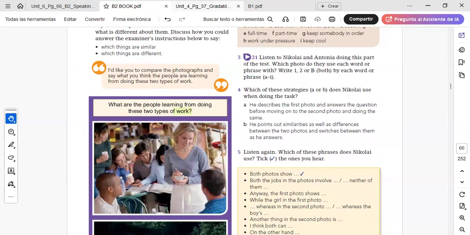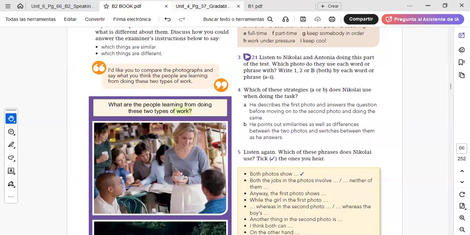So, firstly, I can say that both photos show young people, perhaps teenagers, working. Both the jobs in the photos involve working in situations where they need good skills in dealing with people in the correct way. I'm sure neither of them is very well paid. Anyway, the first photo shows a girl serving young people in a restaurant, whereas in the second photo, a boy is working with children and coaching them to play football.